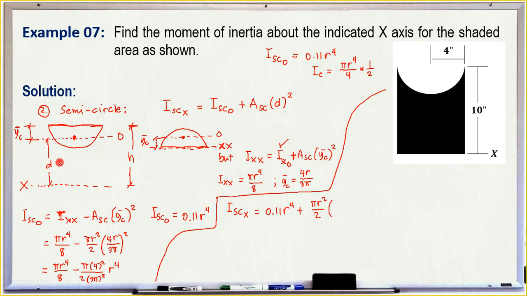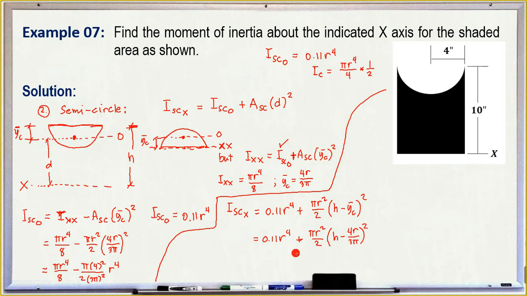Again, d here is the difference of the height h minus yc bar, yc bar squared. Simplifying further, 0.11 r to the fourth plus pi r squared over 2 times height minus, we all know that yc bar, the centroid, is equal to 4r over 3 pi. So we have 4r over 3 pi, that is squared.